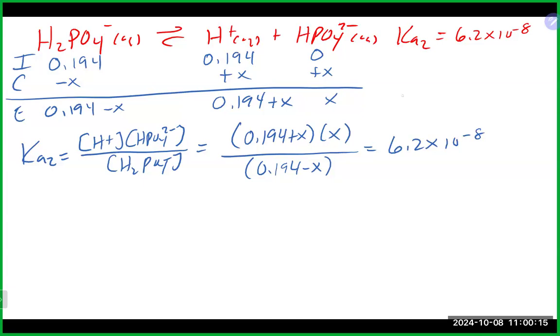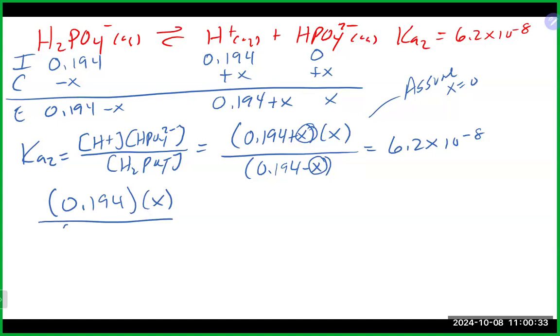The assumption worked well on the first one, so why not try again? So I'm going to assume that X is equal to 0. That is going to reduce this down to 0.194 times X. We would be getting rid of any X's where we're adding or subtracting from a number. Those are the X's we're getting rid of. And that would be 0.194 X equals 6.2 times 10 to the minus 8.